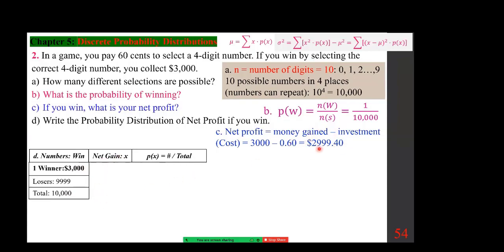For everybody else it is negative 0.6. So this much for the winner, this much for the rest. The probability of winning is 1 out of 10,000, and for losing it is the rest of it, 1 minus that. So this becomes 0.0001, this becomes 0.9999. This is part D.